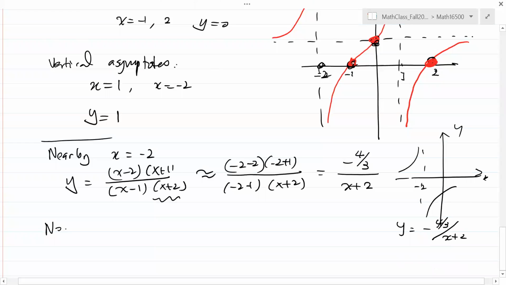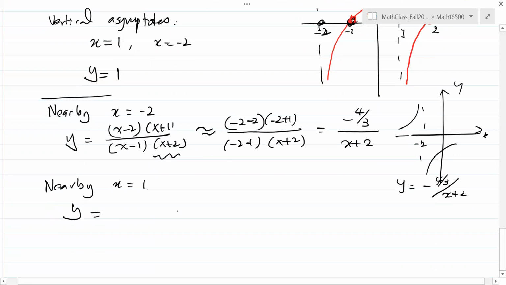Okay, when x is -2. So nearby x equals 1, y is going to be almost equal to, you keep x minus 1, and x plus 2, x minus 2, x plus 1 should be evaluated.